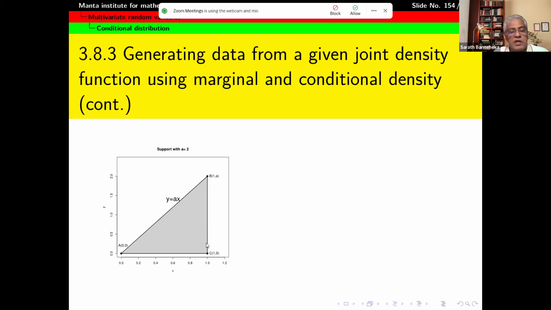The height is A, the length here is 1. So therefore, the area of this triangle is A times 1 divided by 2, that is A over 2. So therefore, the height of the joint density function should be then 2 over A, so that the volume will be equal to 1.